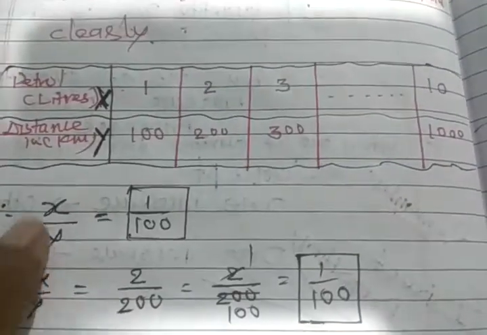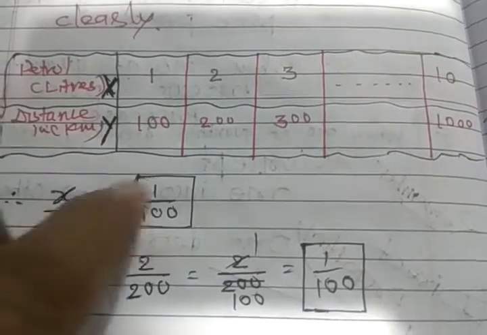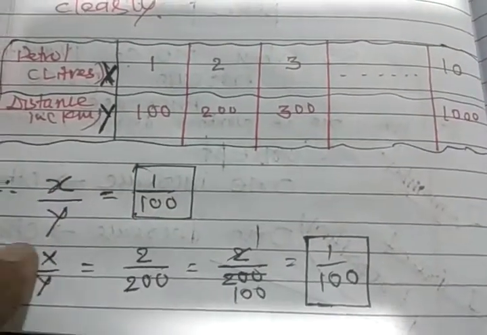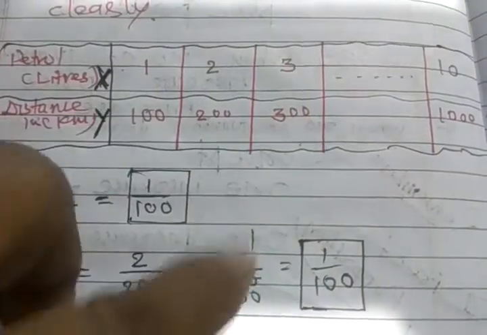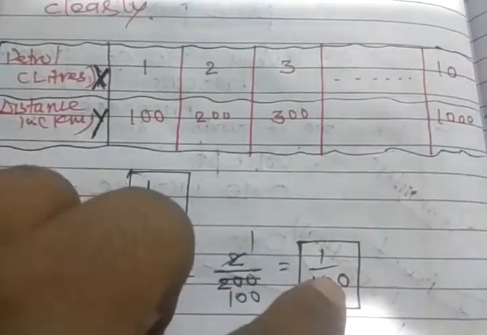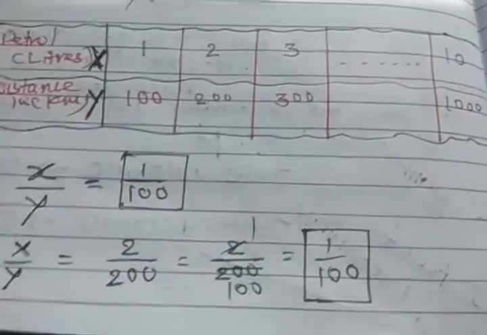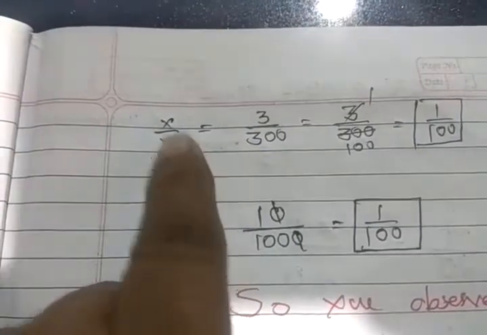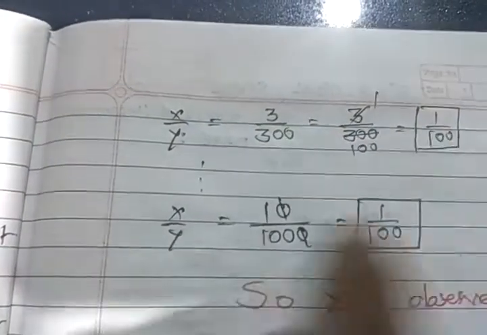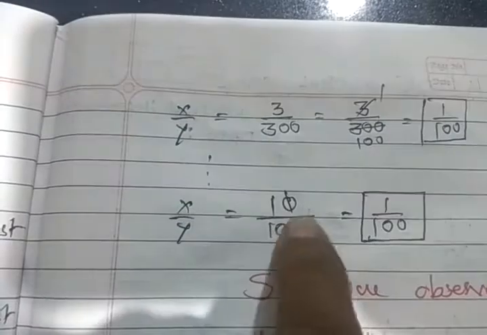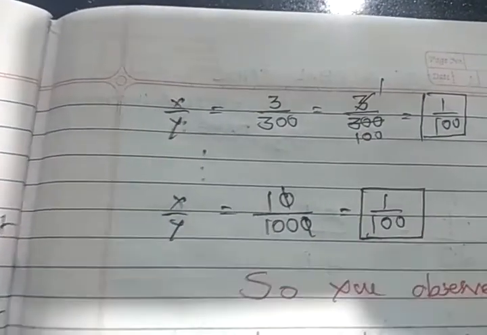And when you take the x upon y ratio, 1 upon 100. Then x upon y means 2 upon 200, which when you simplify gives 1 upon 100. Then 3 upon 300, again you get 1 upon 100. Again x upon y, again you get 1 upon 100.